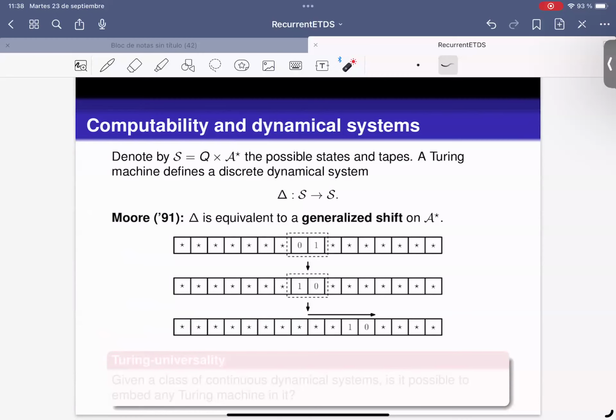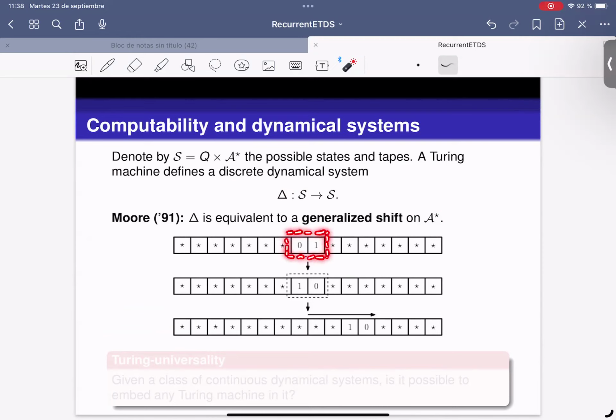So that's the idea. A Turing machine gives you a discrete dynamical system like this. And actually, Moore in 1991 proved that this dynamical system is very well understood because it's a generalized shift. A generalized shift is defined on the set of two-sided strings, and is determined by a window size.